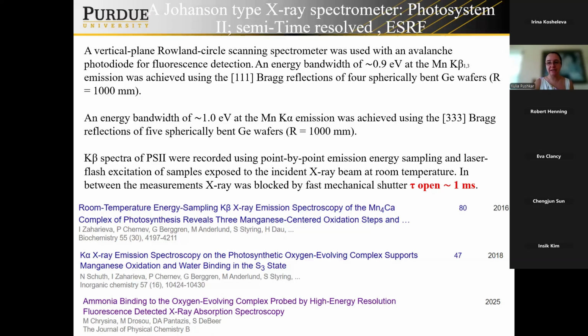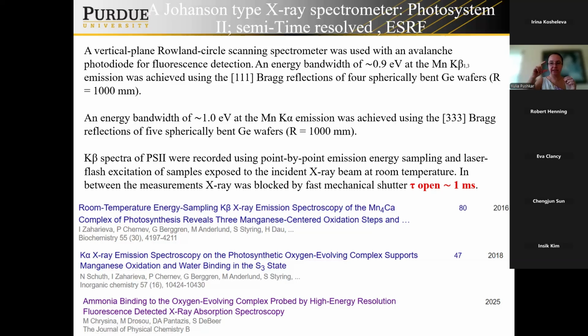So basically you can see that he can detect all other states like S1, S2, S3, which are kind of longer lived, but he does not have a time resolution into that transient process. And there is another publication, K beta, K alpha lines. And here is the high energy resolution again, this last paper is, you see, 2025.